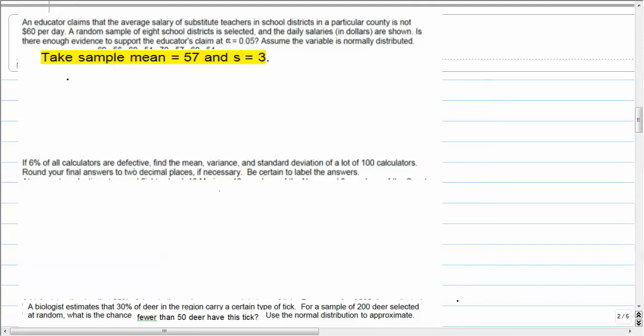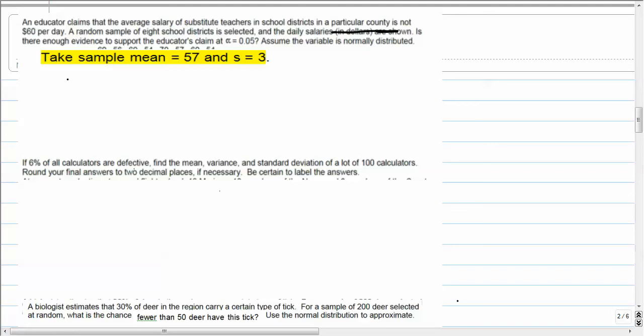An educator claims that the average salary of a substitute teacher in a school district in a particular county is not $60 per day. A random sample of 8 school districts is selected and the daily salaries are shown. But actually I modified this because I did the work for you. We're going to take the sample mean to be 57 and s to be 3.